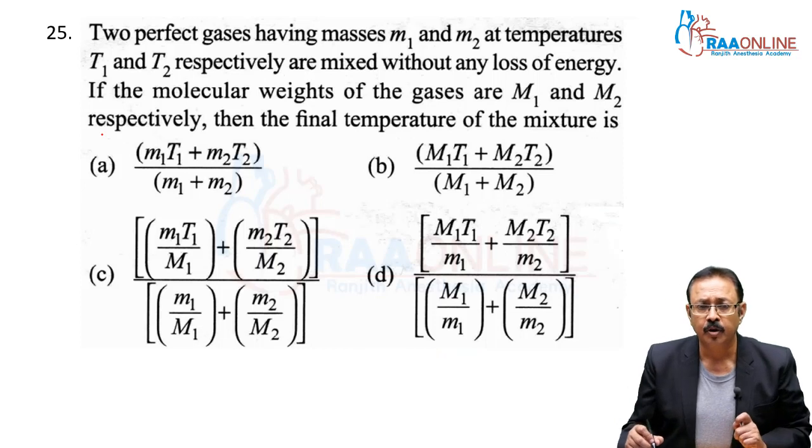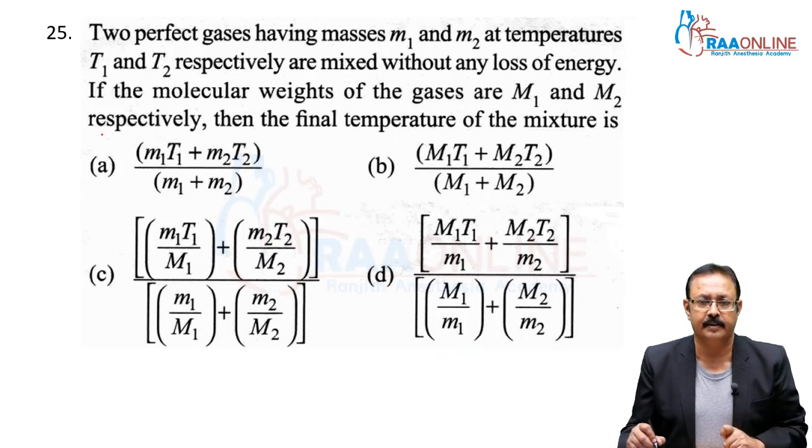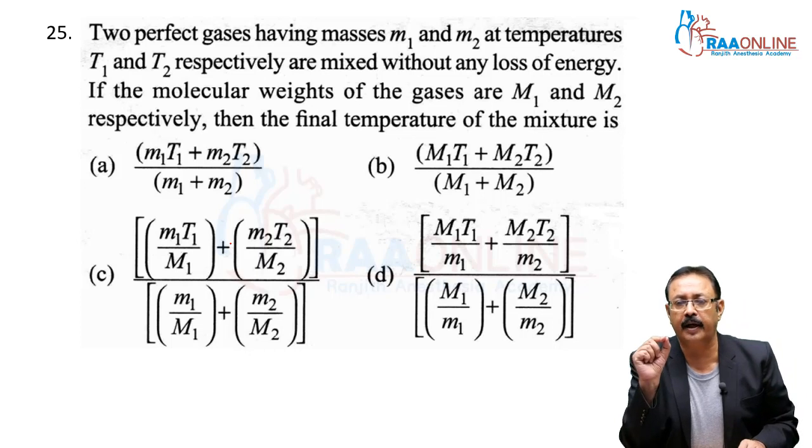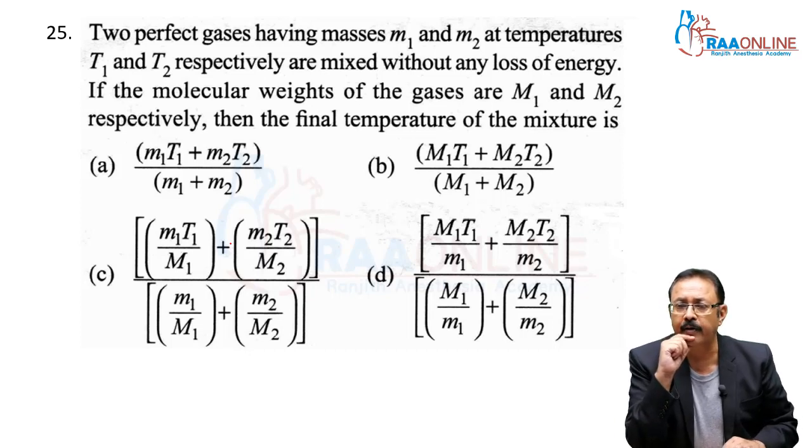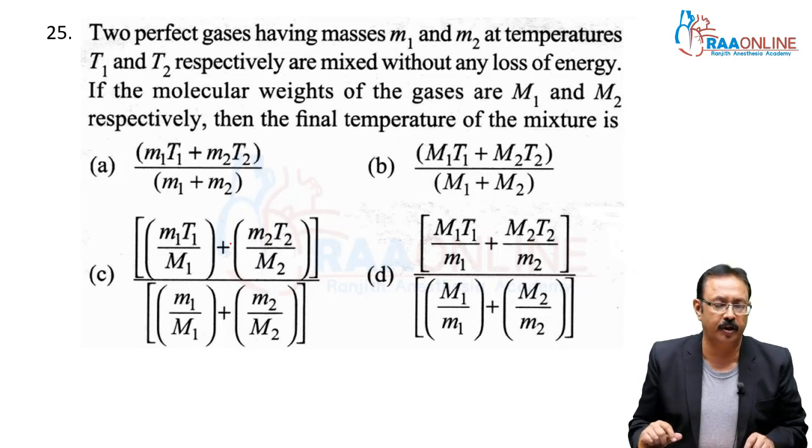Next, two perfect gases having masses M1 and M2 at temperatures T1 and T2 are mixed without any loss of energy. If the molecular weights of the gases are M1 and M2, then the final temperature of the mixture will be?